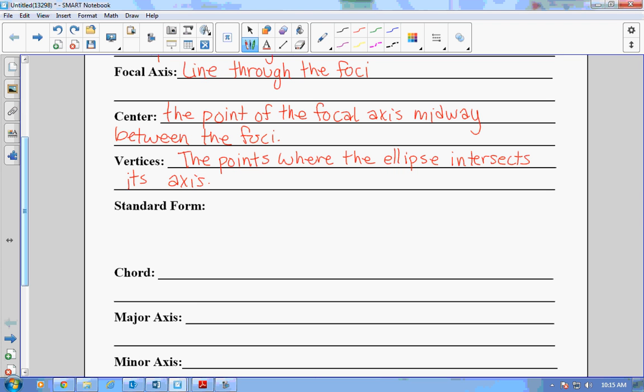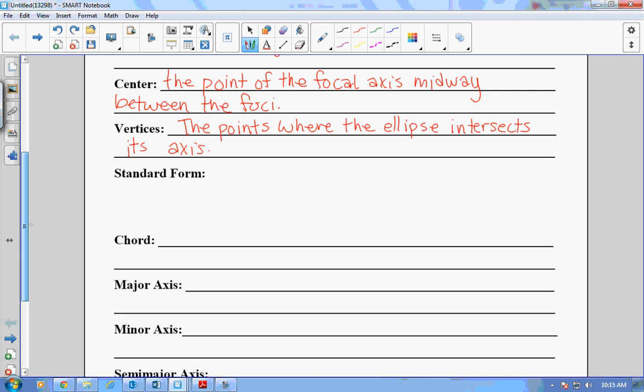Okay, we just looked at the standard form of a circle. The standard form of an ellipse looks similar, but there are some differences. Does anything look different so far between a circle and an ellipse? Nope.